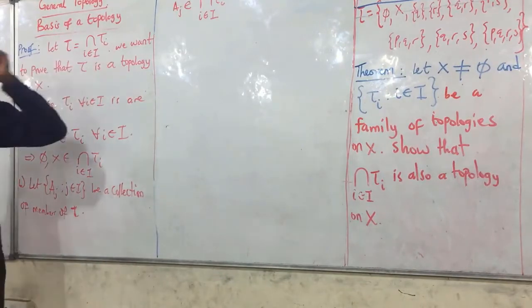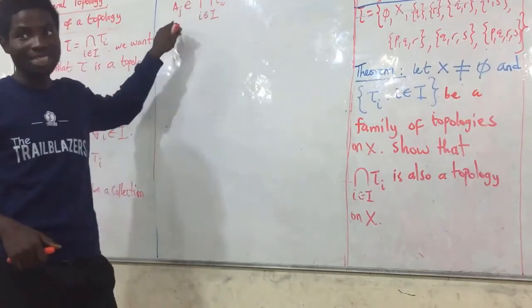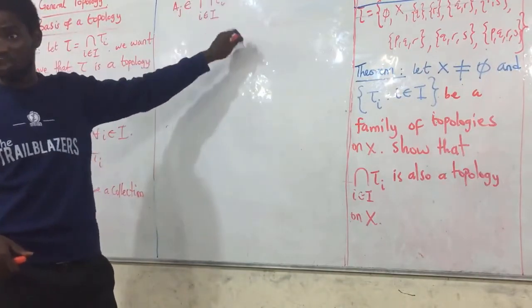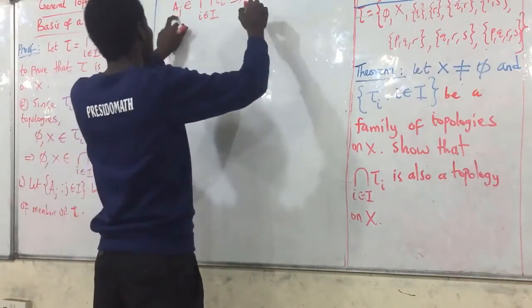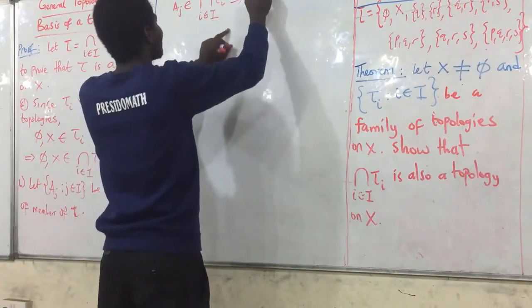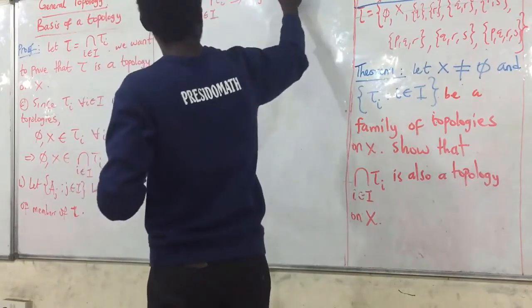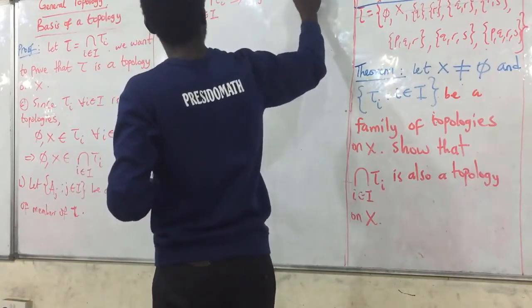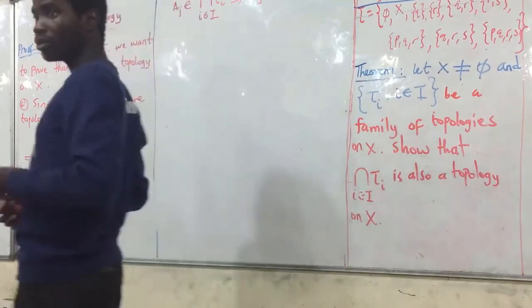Do you understand? Now, if A_j is an element in the intersection, it means what? It belongs to all of them. It means that A_j is inside T_i for all i in I. Do you understand?